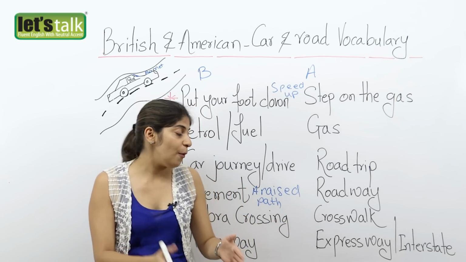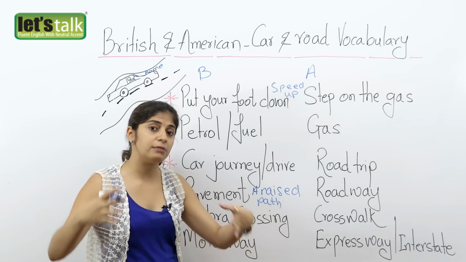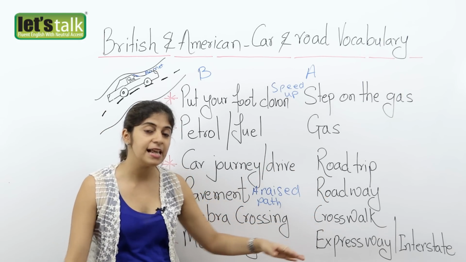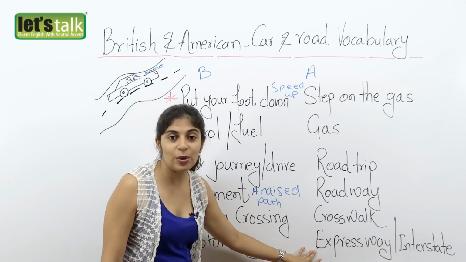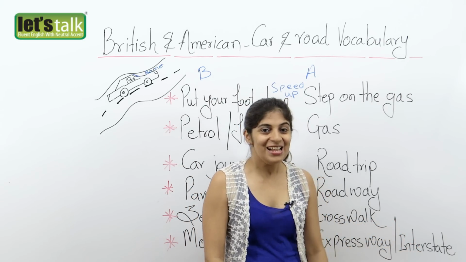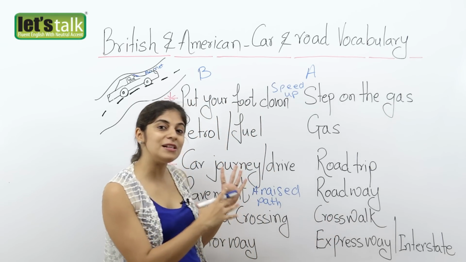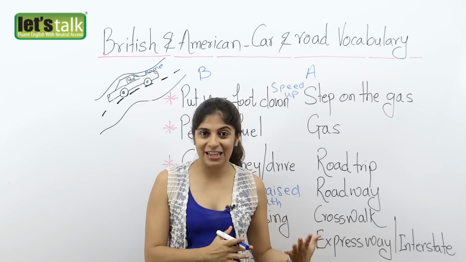So in British English, it's called motorway, the wide road with 4 or 5 lanes, whereas in America, it's called expressway, or they also call it interstate. So these are a couple of notable differences between British English and American English.